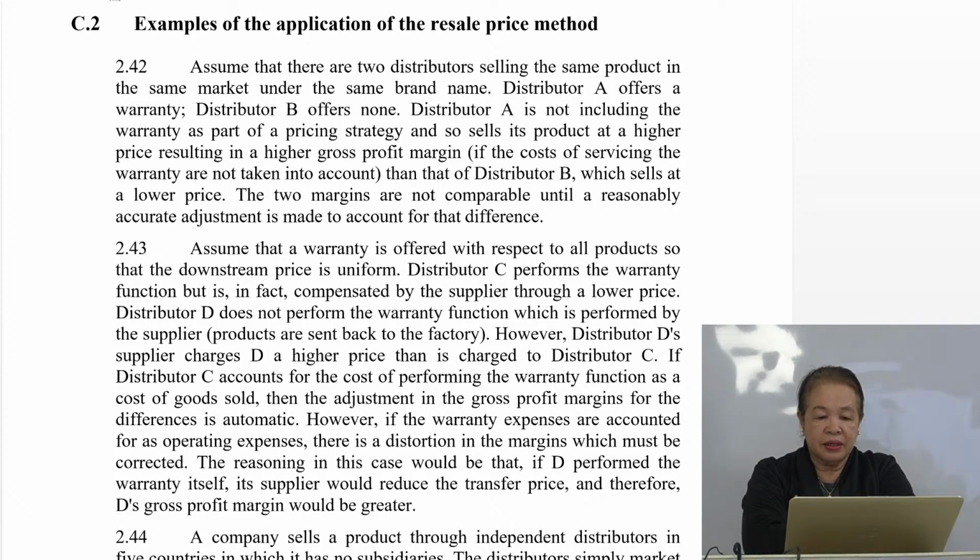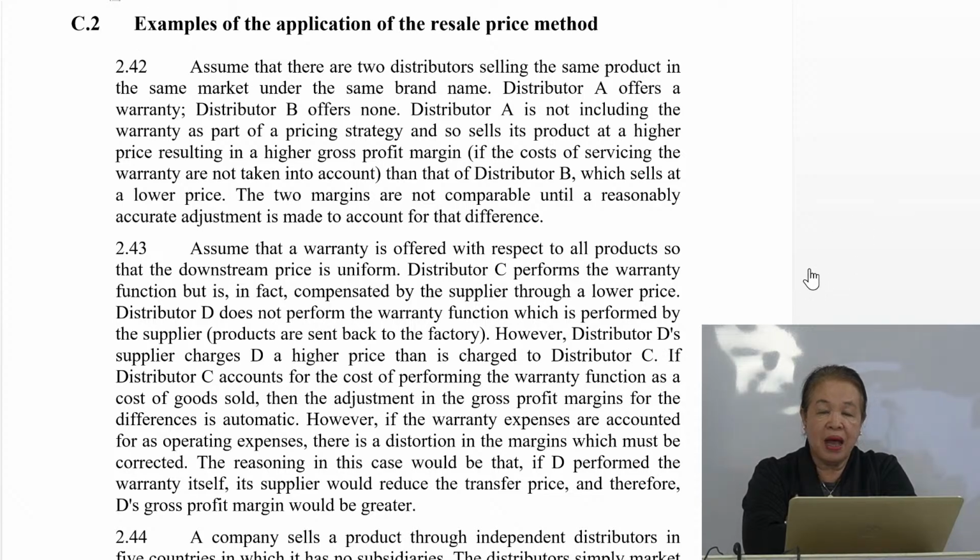So assume that a warranty is offered with respect to all products so that the downstream price is uniform. So distributor C performs the warranty function but is in fact compensated by the supplier through a lower price. Distributor D does not perform the warranty function, which is performed by the supplier.